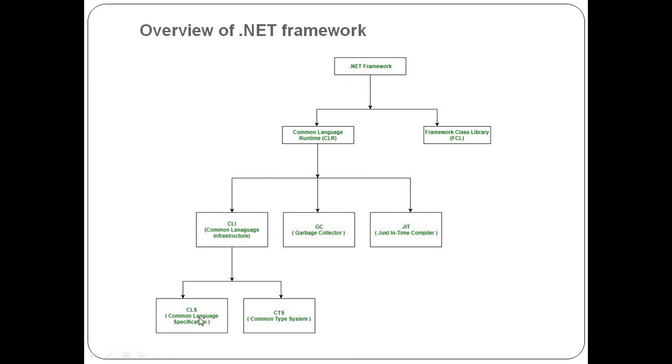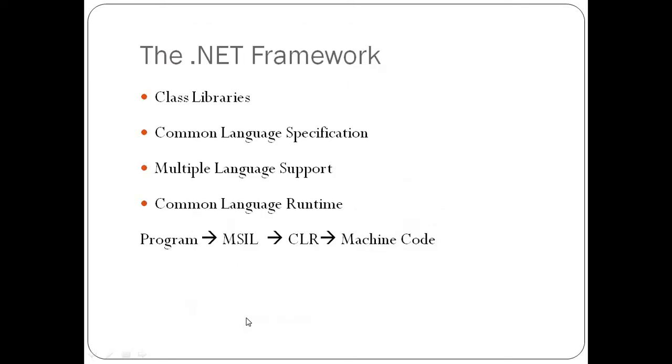Common type system and CLS are interlinked. The common type system describes a set of types that different .NET languages have in common, which ensures that objects written in different languages can interact with each other.